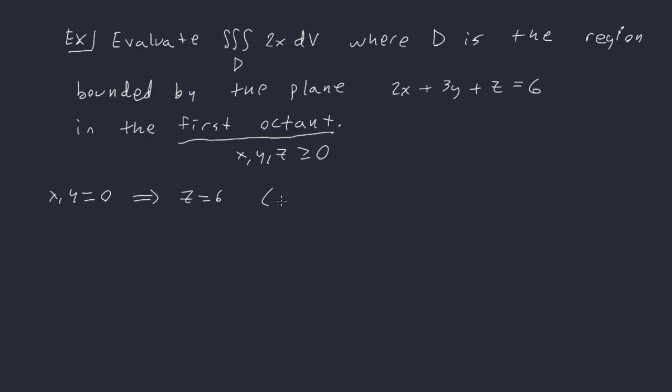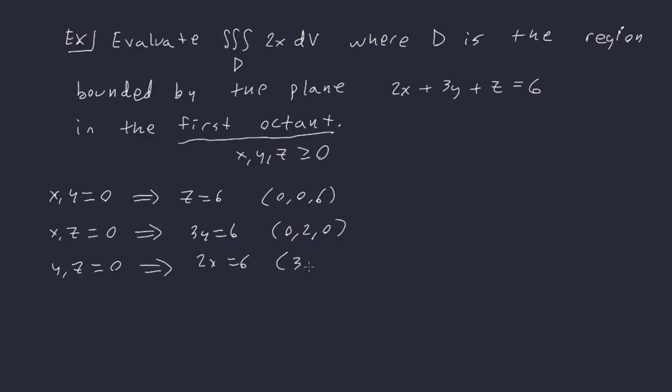So that tells me that I have the point 0, 0, 6. Then I let x and z equal 0, which gives us 3y equals 6. So we'll have the point 0, 2, 0. And then I'll set y and z equal to 0, which will then give us that 2x is equal to 6, giving us the point 3, 0, 0.